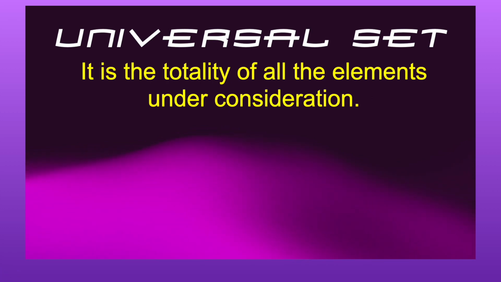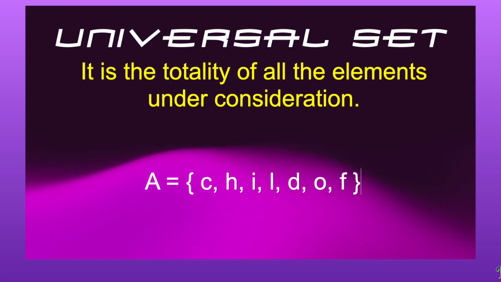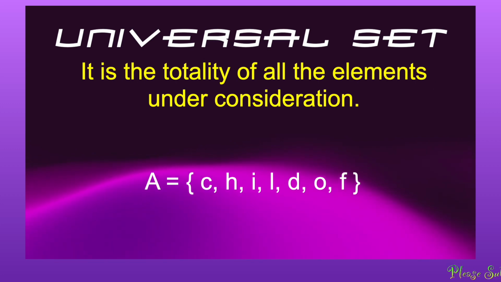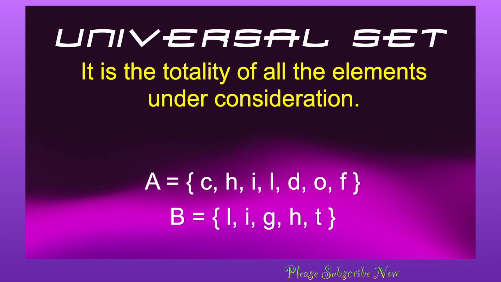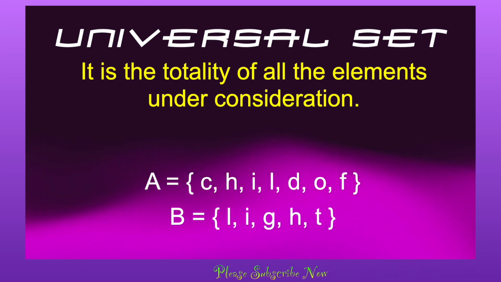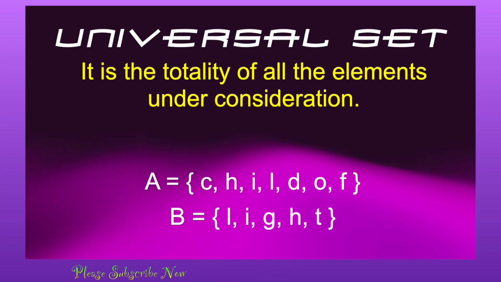So for example, the elements of set A are C, H, I, L, D, O, F. And the elements of set B are L, I, G, H, T. So sets A and B are smaller sets.